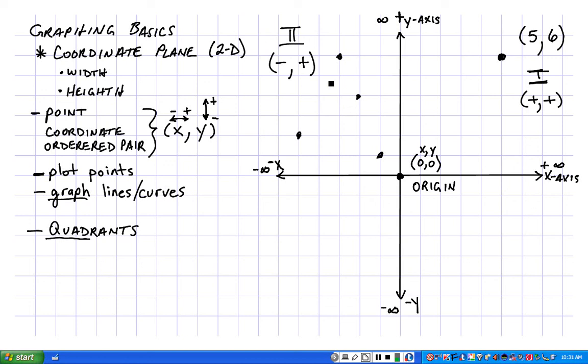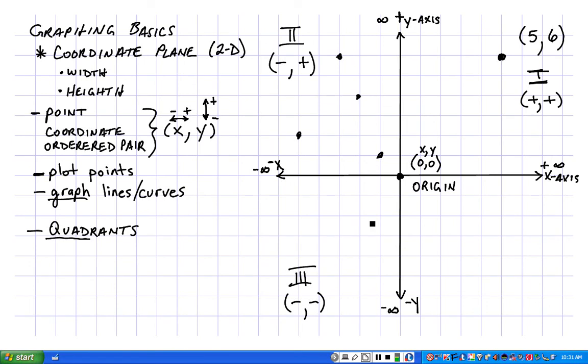So keeping with our counterclockwise, if this is 1, 2, this will be quadrant 3. In quadrant 3, our x is still negative, but now our y is negative as well, because now look, we're below the origin. We're to the left of the origin and we're below the origin.